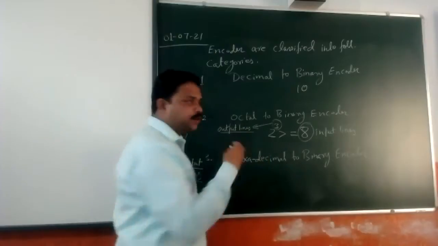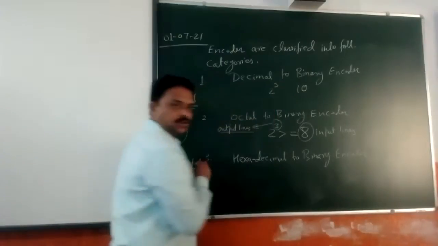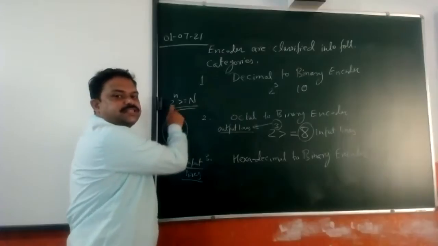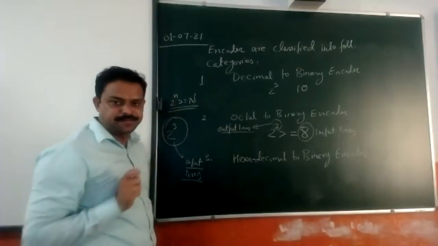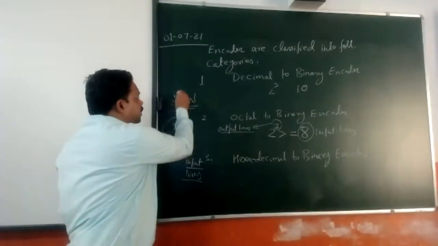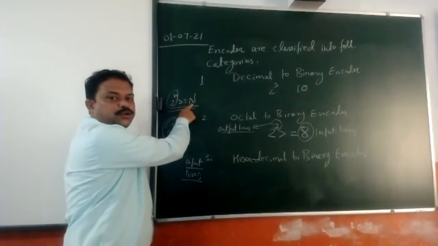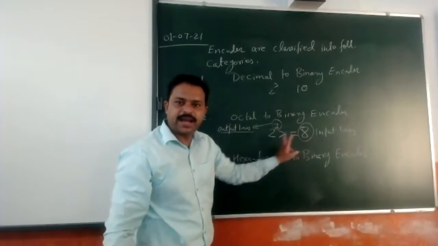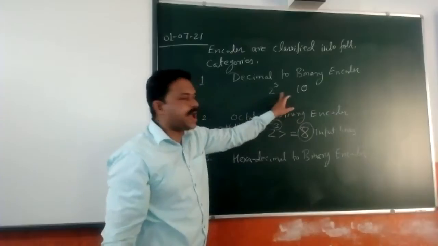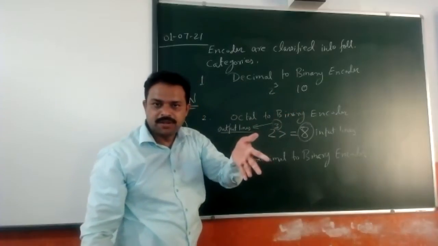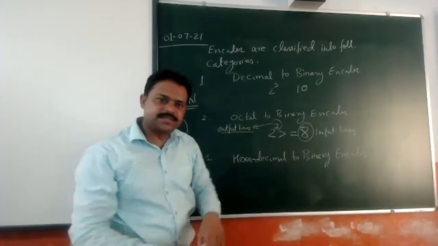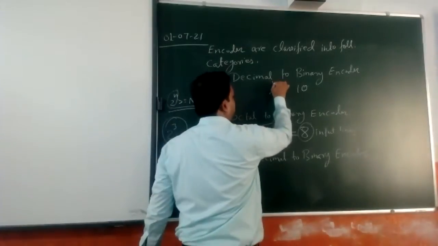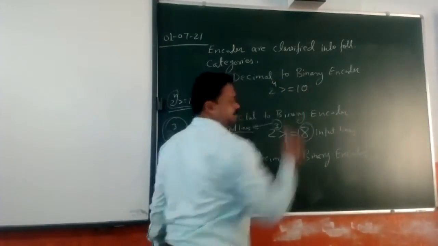Will you be able to write 2 raised to power 3? This relation has to be satisfied. Here I am not going to get equal to. At least you can make greater than: 2 raised to power 4 is greater than or equal to 10.